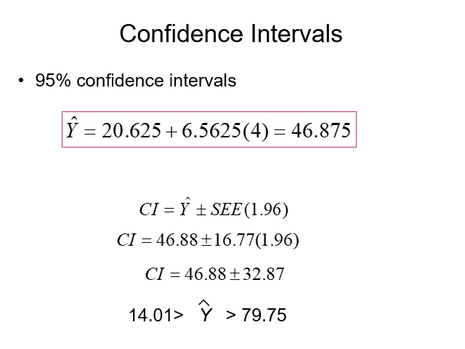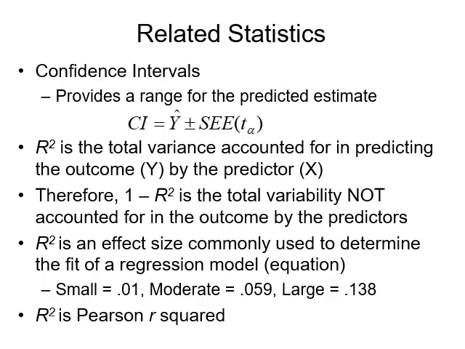So we could then say that Cartman would be getting a 46.88, probably no lower than a 36 and no higher than a 56. So you can see how that accuracy can increase if there's less error in the equation. So again, confidence intervals provide a range for the predicted estimate.